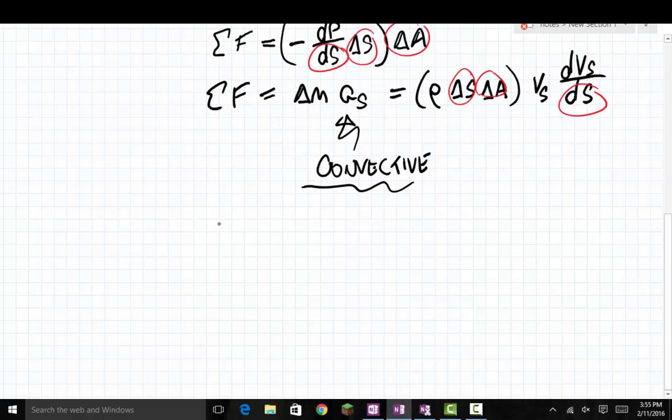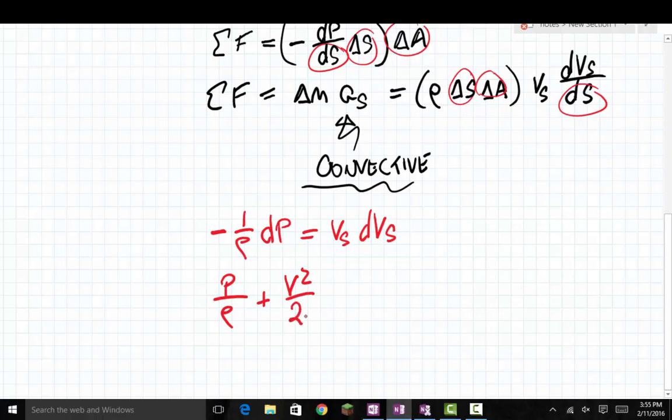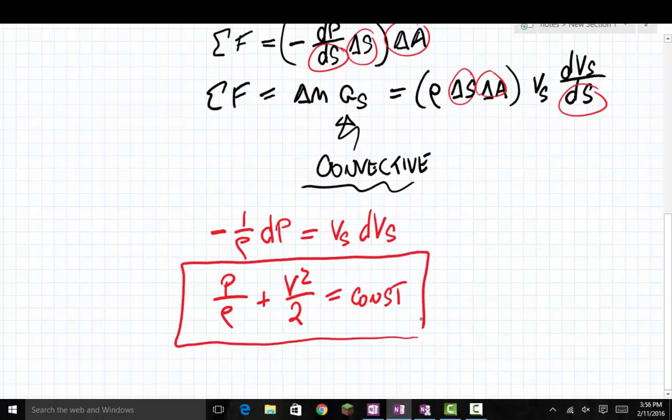We ended up with an expression of minus 1 over rho dp equals Vs dVs, and then we integrated both sides, recognizing that we get an arbitrary constant if we do indefinite integrals. We ended up with the expression P over rho plus v squared over 2 equals a constant. In writing it this way, I'm dropping the subscript s for the velocity along a streamline, because when we're dealing with Bernoulli's equation, that's supposed to be understood.